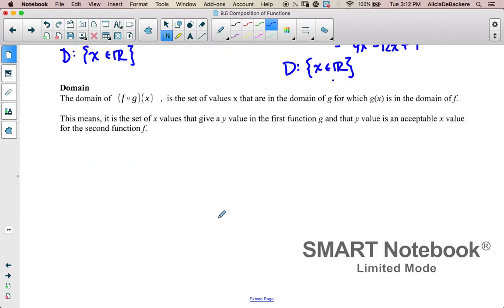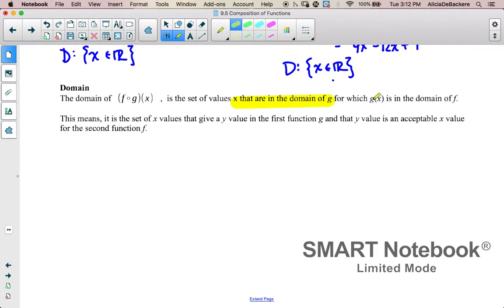In general, though, to come up with the domain of f of g of x, well, first you have to think about, what am I doing? First, I would be plugging the x into g. So what I'm going to look at first is the x values that are in the domain of g, because I'm first plugging x into g. But then the next piece is I'm going to take those g answers and plug them into f.